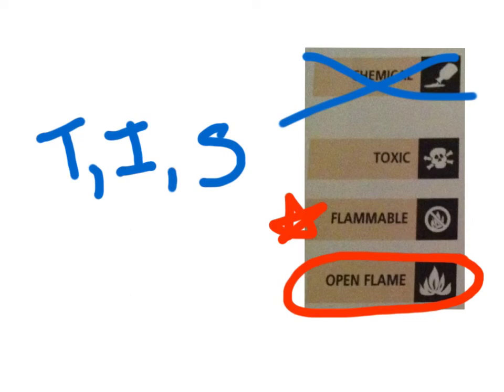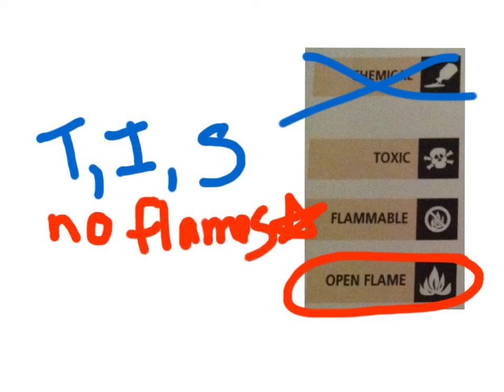Okay? So when we see that flammable symbol, that means that we want no flames. Okay? Bottom one is the one that we mean when we're using things like the Bunsen burner.